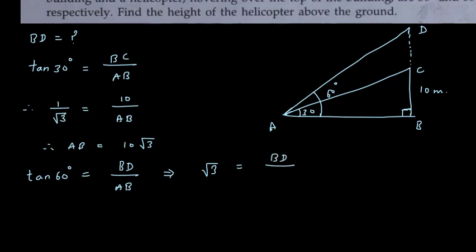So the value of AB we have found out just now, it is 10 root 3. So therefore this BD is root 3 into 10 root 3. So this is 10 into root 3 into root 3 is 3. So this is 30 meter.